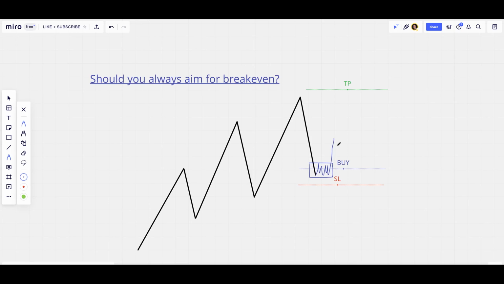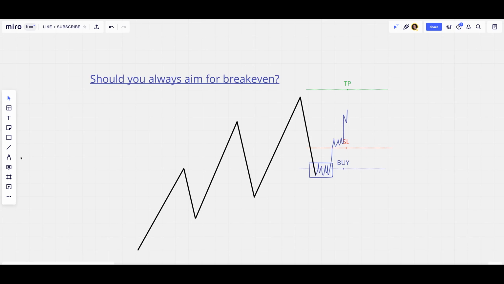As this trend plays out, what I can do is base my stop loss off of the lower market structure. So instead of simply setting it to where I enter this trade and just keeping it there, if price action continues pushing upwards through this trend, I can move my stop loss up and base it off of the market structure.